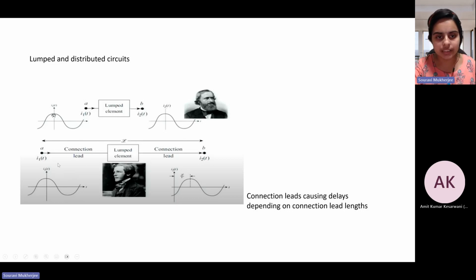Okay, but now one can have another kind of circuit. This is your starting point, and you know the current here, given by this signal.